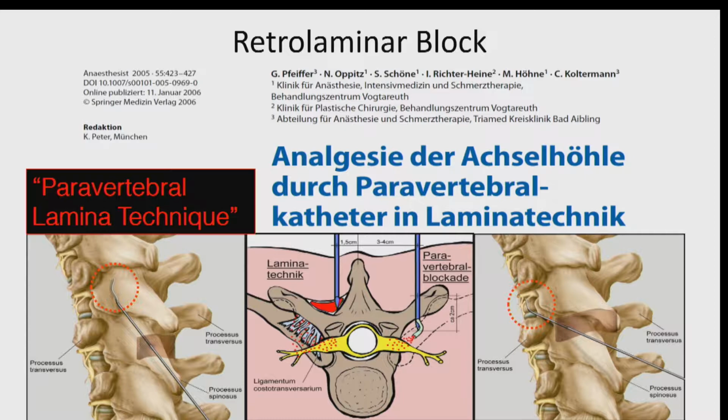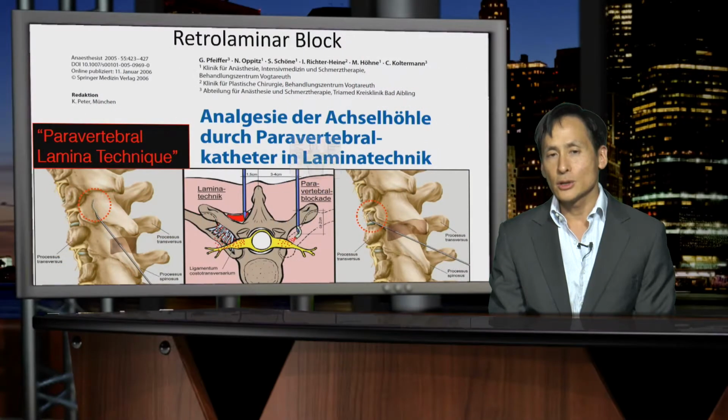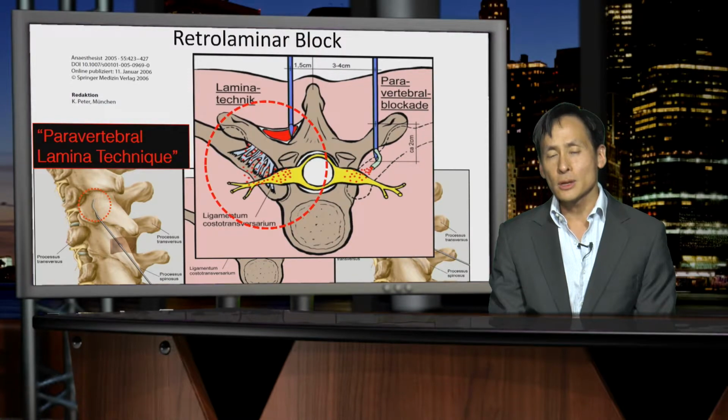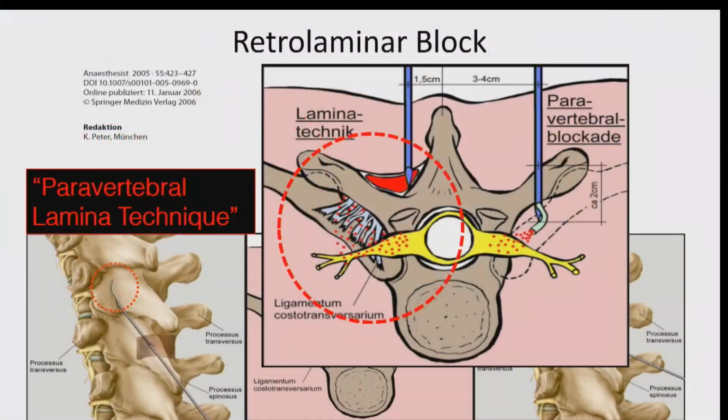And Pfeiffer and colleagues, who are German anesthesiologists, described being able to perform a paravertebral laminar technique whereby injection of local anesthetic onto the lamina produced diffusion through into the paravertebral space through these intertransverse gaps.